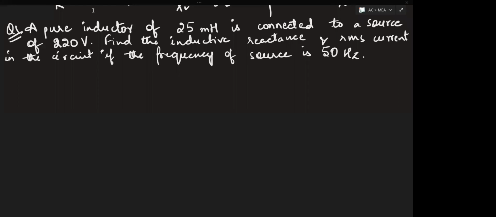Right, Zed. What did your inductive reactance come? Also type in that. Others also answer. Zed has found the value of IRMS. Last one minute and we'll discuss.